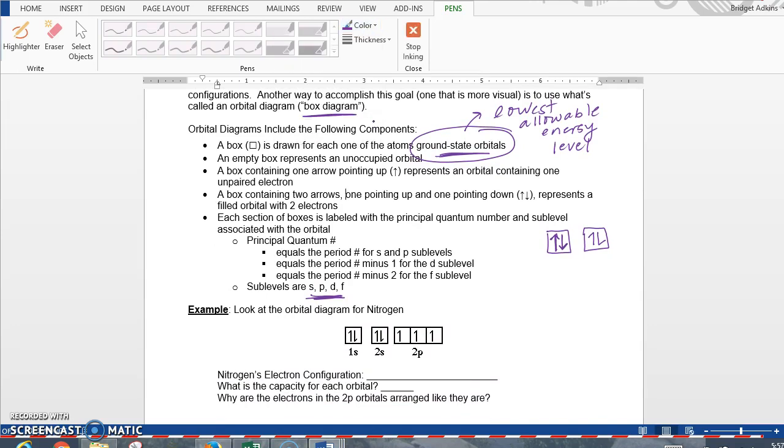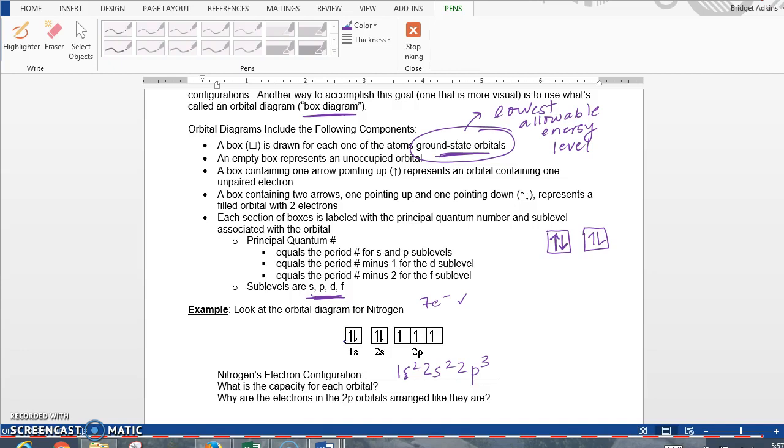Alright, so you'll see this first one for nitrogen. If we write out nitrogen's electron configuration, it's 1s squared, 2s squared, 2p to the 3rd. So if we check that, we add up 2, 2, and 3, we get 7. And nitrogen's atomic number is 7, so we've accounted for all 7 electrons. So what they've done is they've taken this notion of this probability of finding electrons and drawn it as a picture.